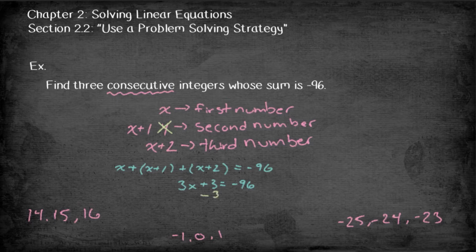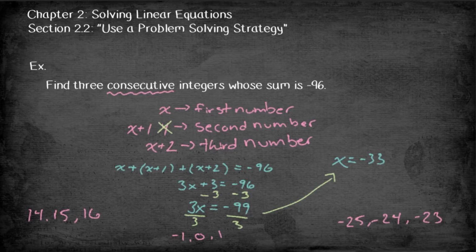And subtracting 3 from both sides leaves me with 3x equals negative 99. So I can divide out the coefficient. And that gives me that x is equal to negative 33.